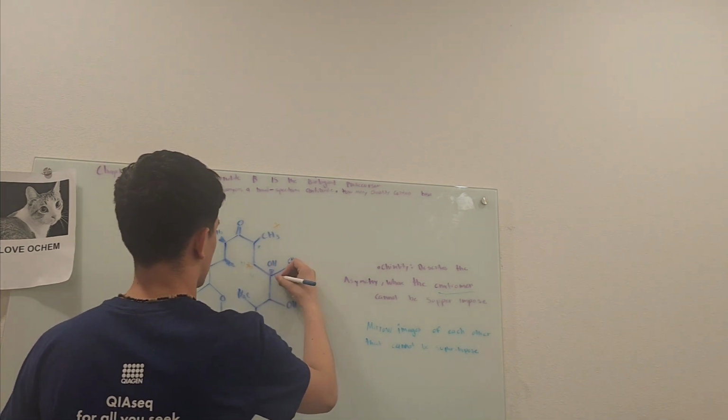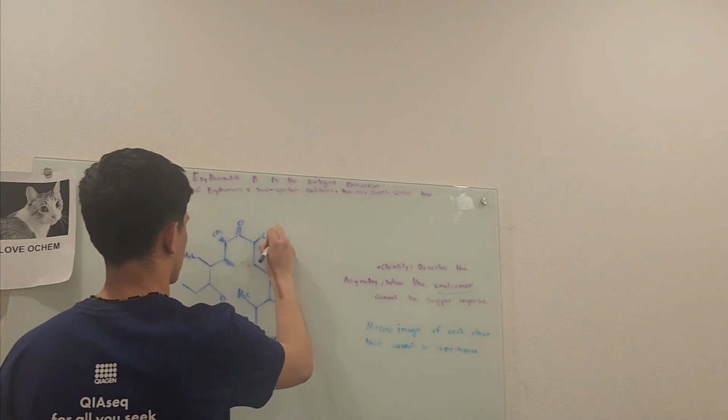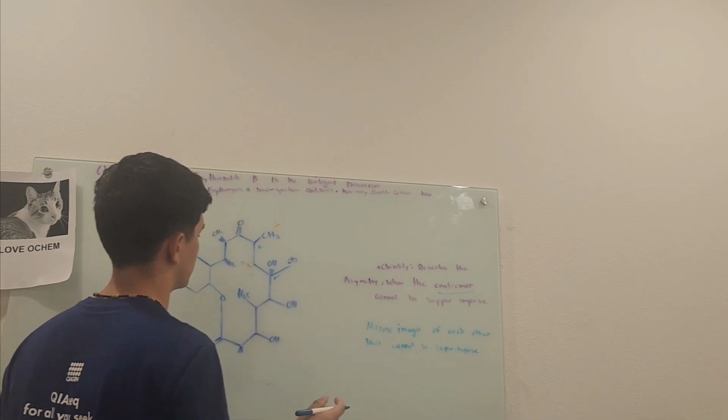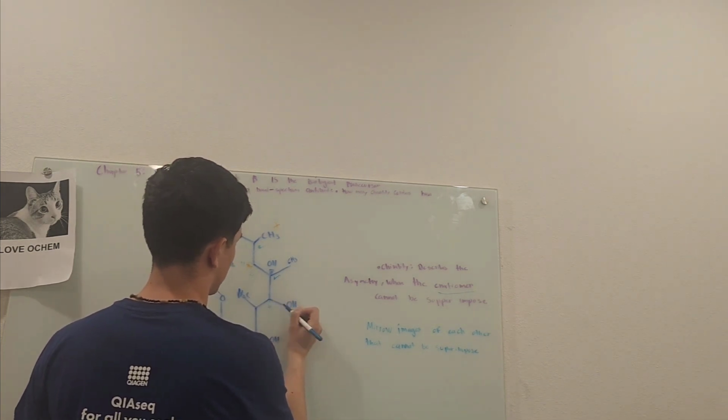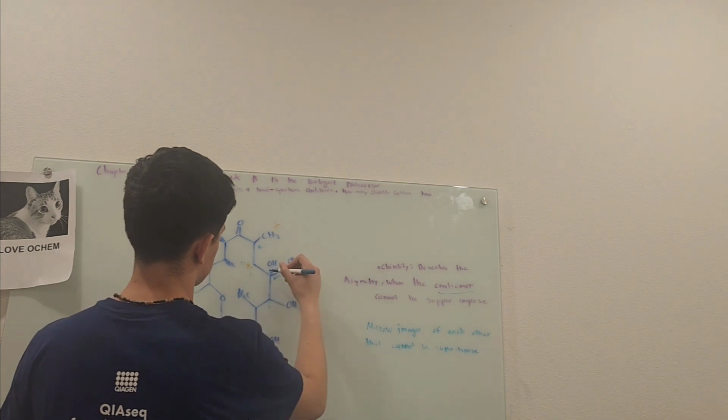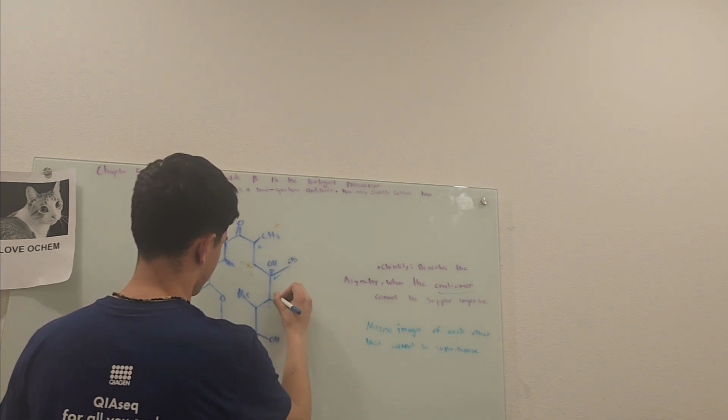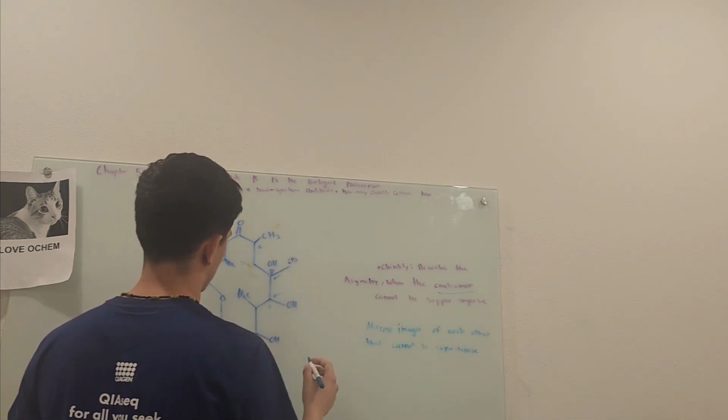So this one is a chiral center, right? We can put a check mark on it. Go to the next one. You're going to have a hydrogen implied here, OH, different. Check mark, right?